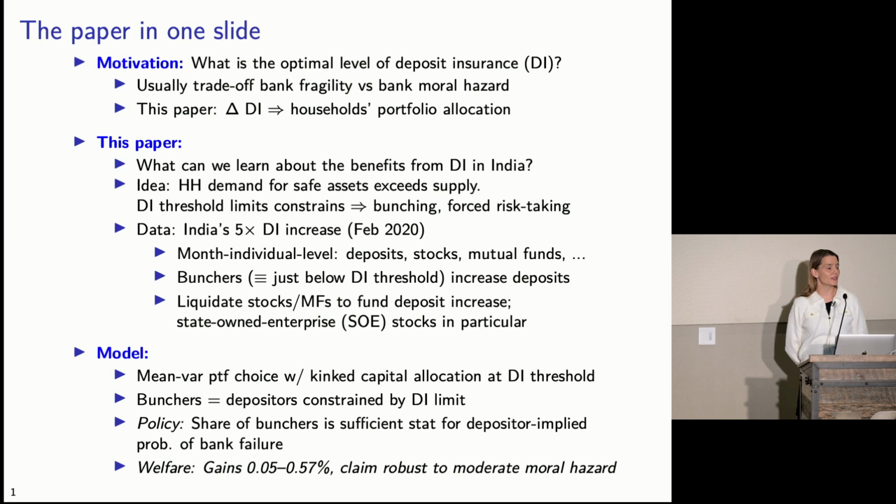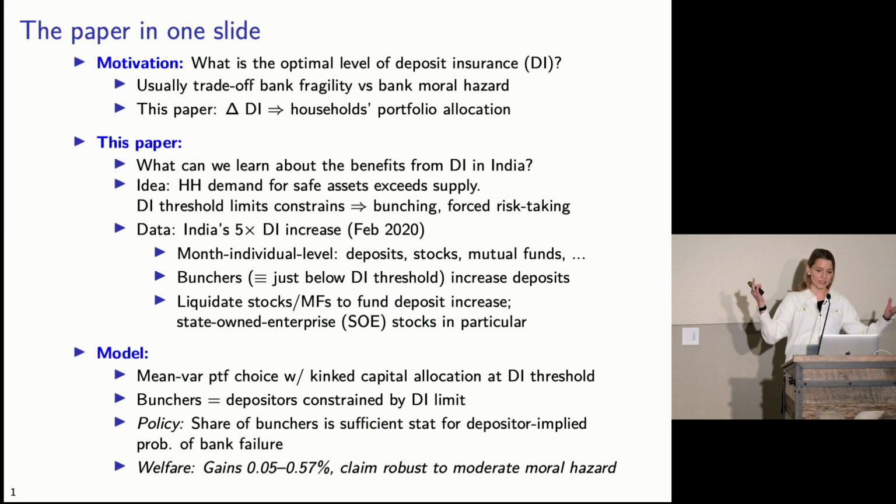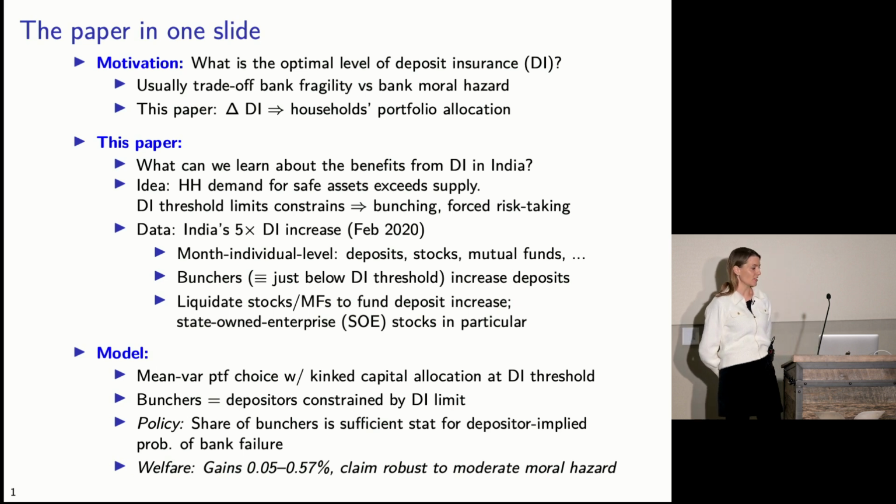It defined bunchers as those that are just below the deposit insurance limit. And those bunchers then, after the limit was increased, increased deposits. And a large fraction of that increase of deposits comes from the liquidation of stocks, in particular these state-owned enterprise SOE stocks that were considered more safe because they are basically receiving government guarantees.